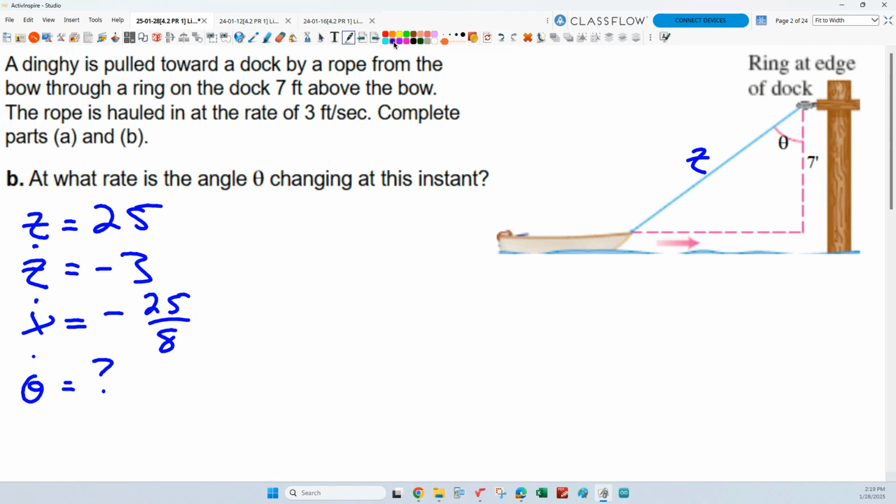Not the hypotenuse, sorry, the adjacent side is 7. What's our parent function here? It'd be cosine, wouldn't it? So our parent equation would be cosine theta equals what?